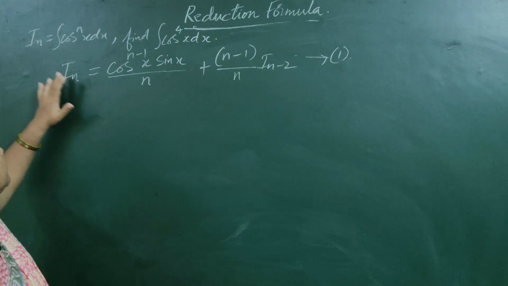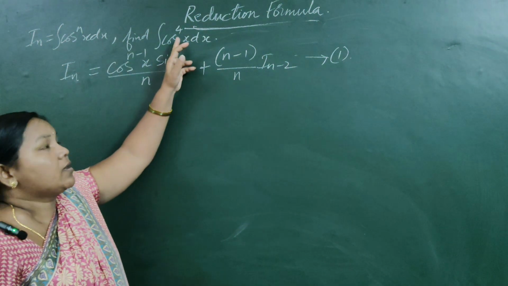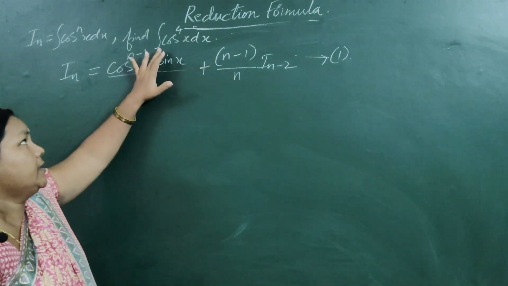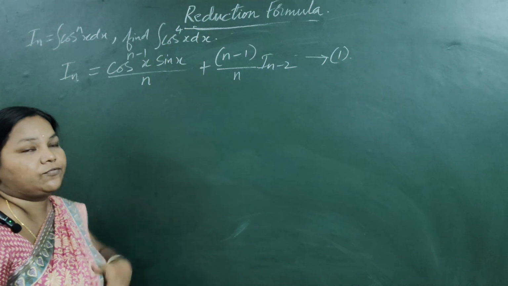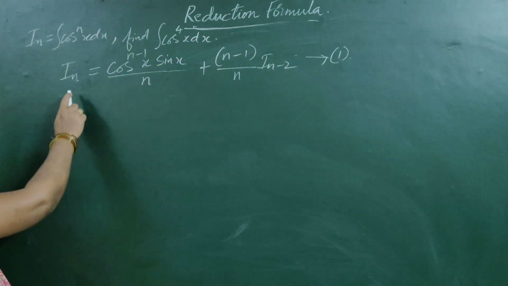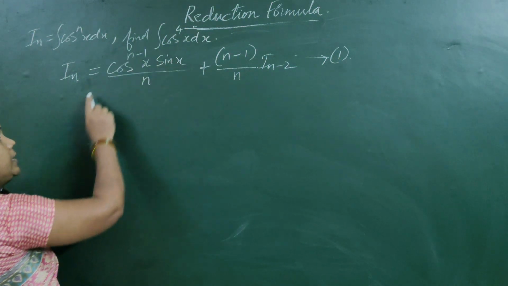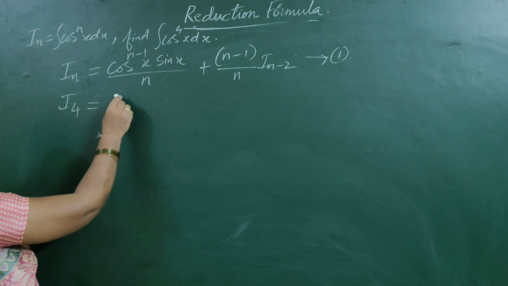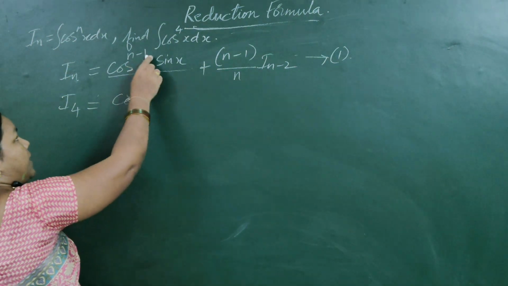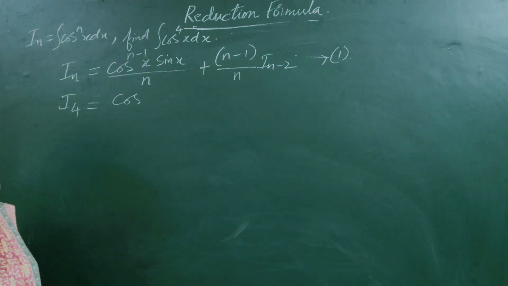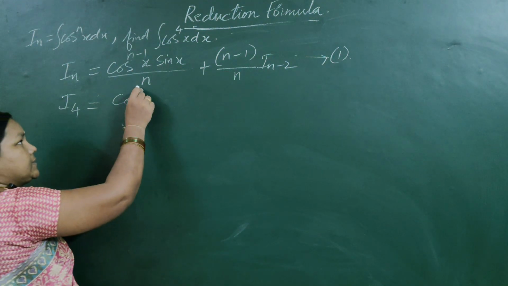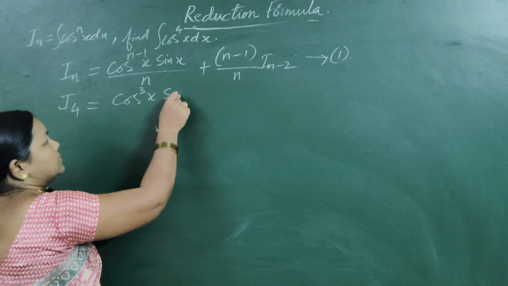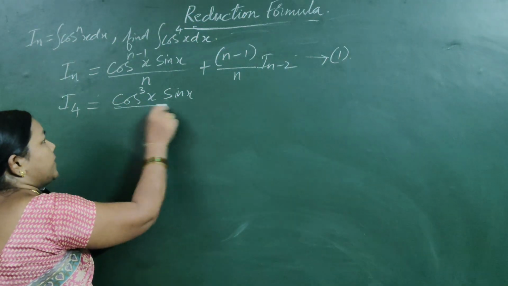Here in the question, find integration of cos to the power of 4 x dx. In the question, the n value is 4. So we have to substitute the n value as 4 in equation 1. That is I 4 equal to cos to the power of n minus 1. N minus 1 means 4 minus 1, that is 3, x sin x divided by n.